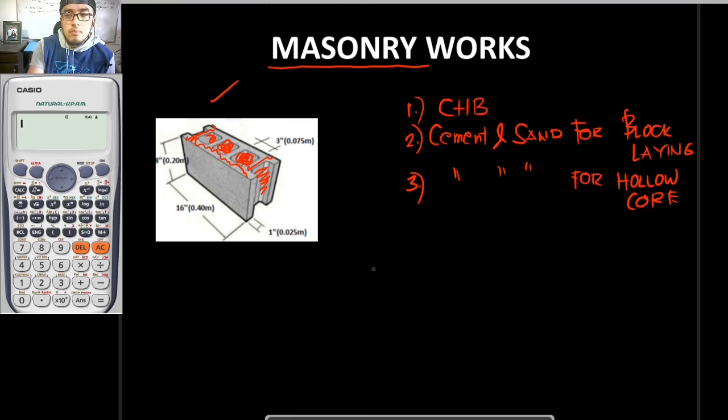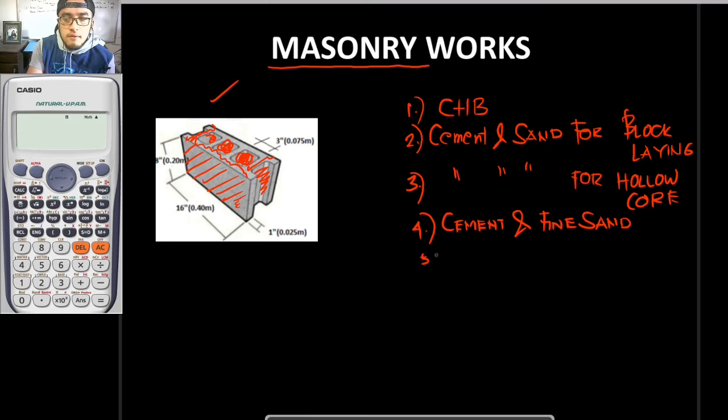So that would be 1, 2, and 3. And as for number 4, this would be cement and fine sand for plastering. Plastering is where you would be applying cement and sand here.